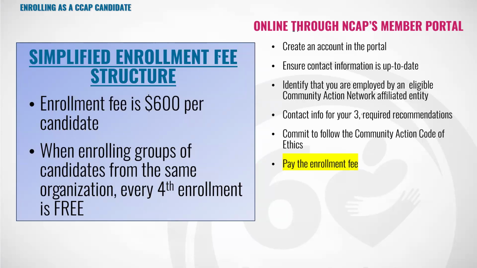So if I enroll 4 people, my fourth person is free. I'm going to pay $600 for 3 people. That's going to be $1,800. I'm going to enroll that fourth person for the same amount of money, $1,800. If I'm buying 12 enrollments, I'm going to get 3 of those enrollments for free because every fourth enrollment is free.